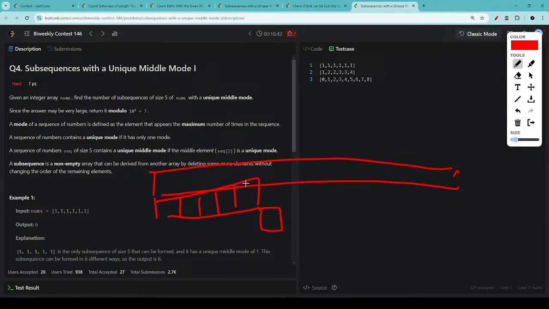But the middle element will not change that much. Initially, the middle element is here. But if I add a 6th number, the middle element can be here or here. Then check my mode. I don't think this is the way, because this one blows up very fast. This one will get slow very fast.